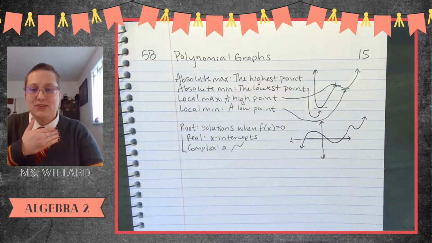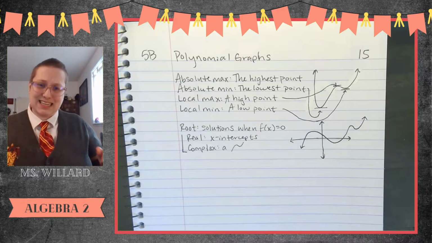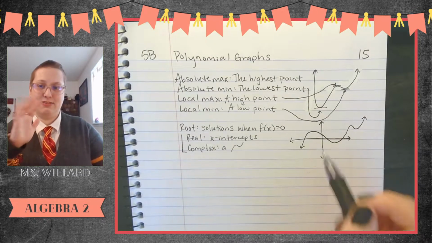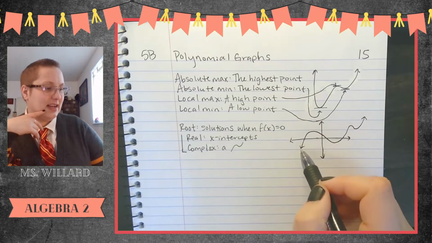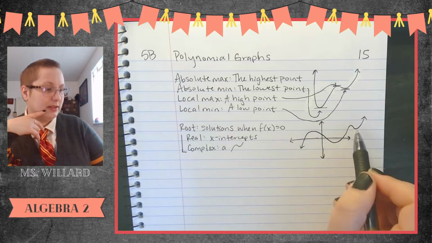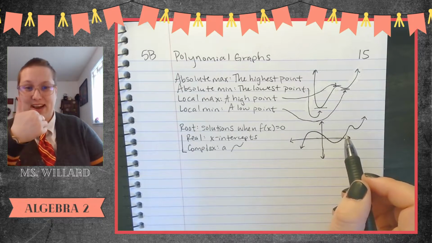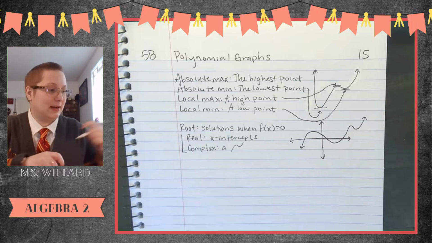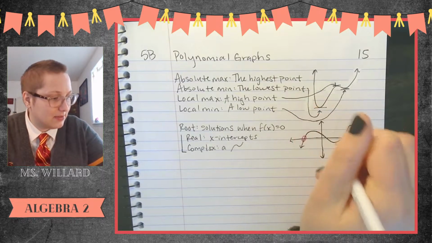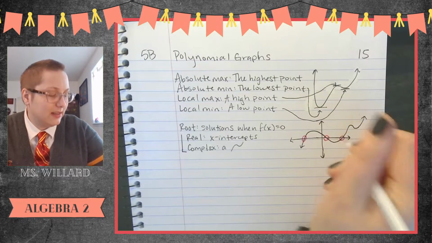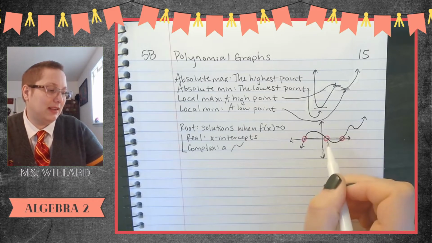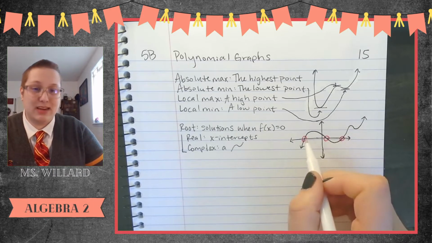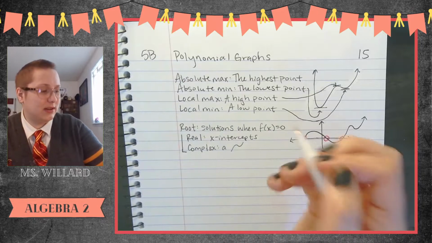We should know from last time that this has five roots because it has 1, 2, 3, 4 turns in it, plus 1 is 5. So it should have 5 total roots. But it only has 3 x-intercepts. 1, 2, 3. If this was numbered, it'd be like maybe 1 and 4 and maybe -5 or -4.